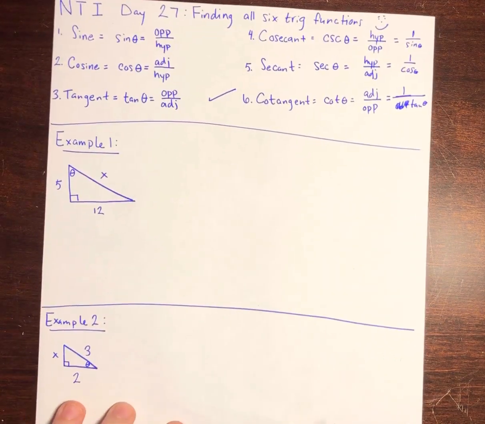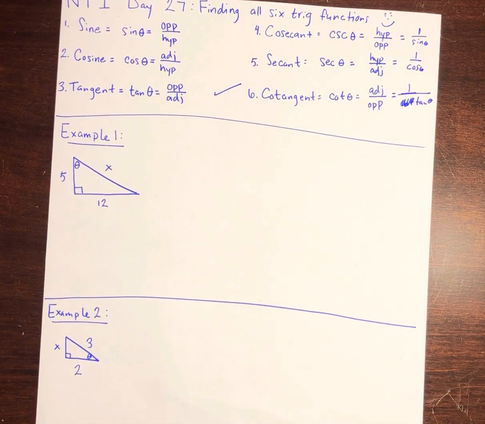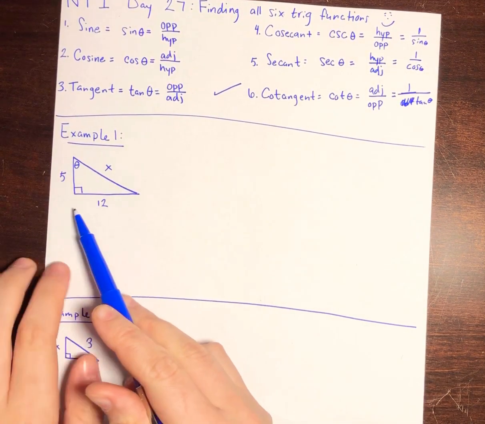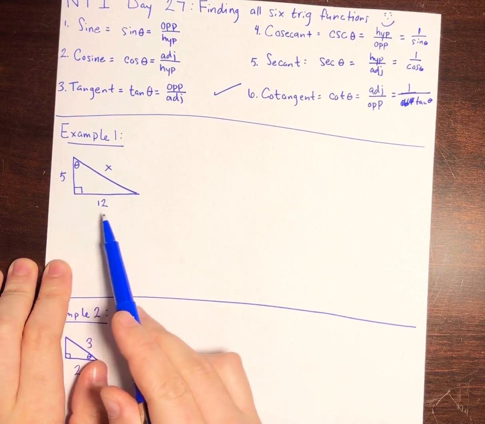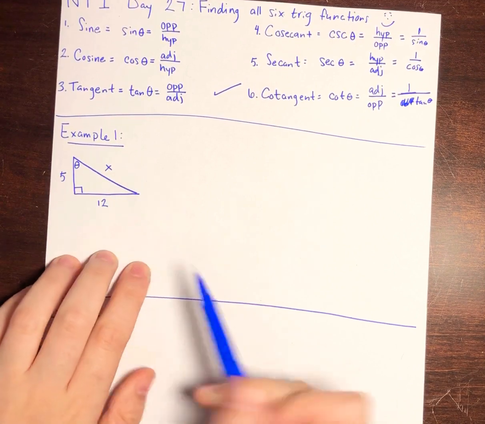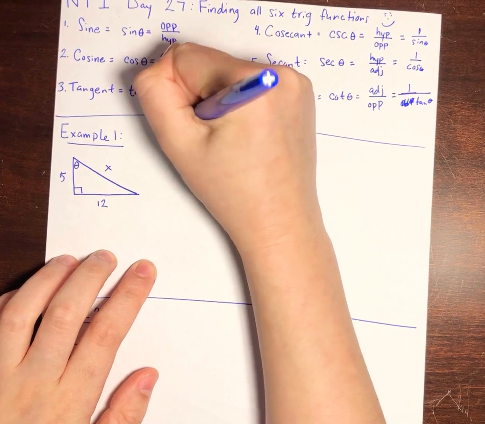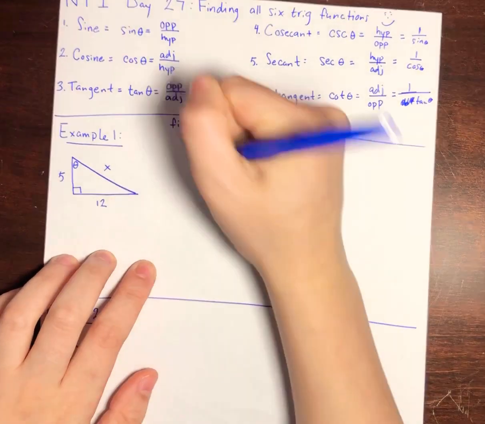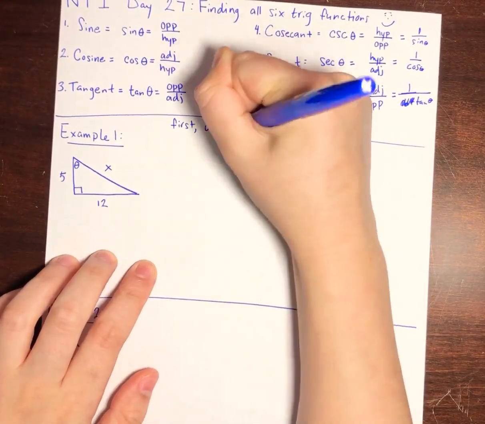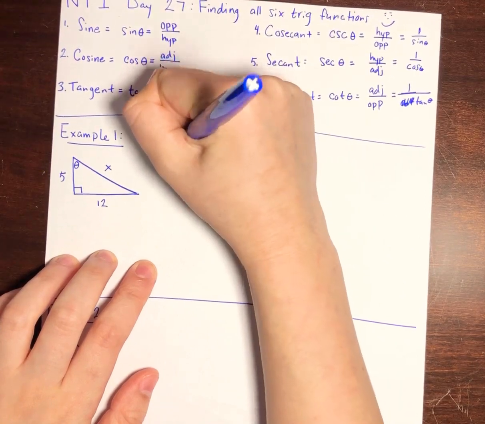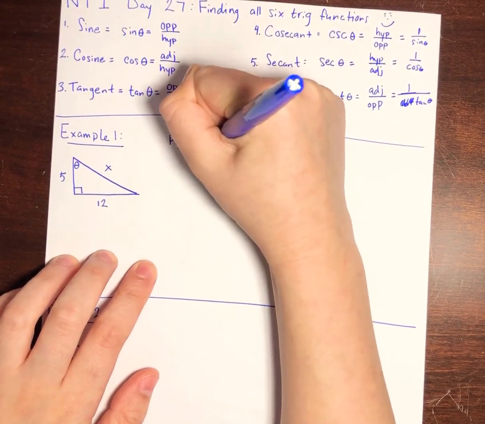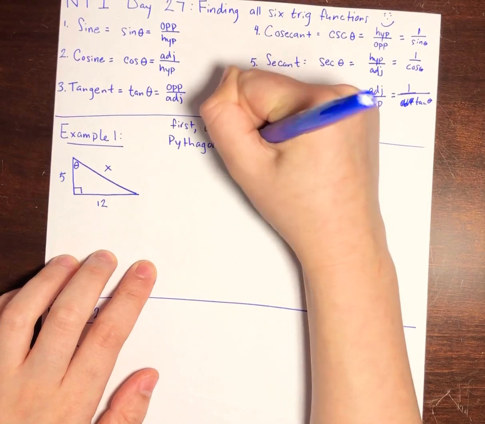So we're going to start with example 1. We've got this nice right triangle here. We've got a leg of 5, a leg of 12, and we don't know the hypotenuse yet. So first, just like in our last video, we're going to use the Pythagorean theorem to find that hypotenuse.